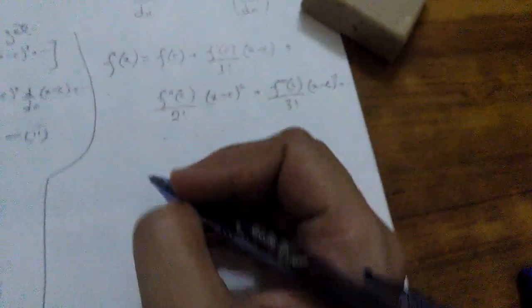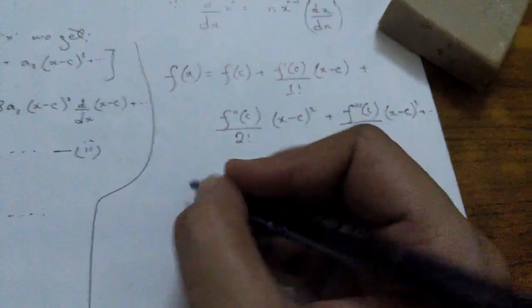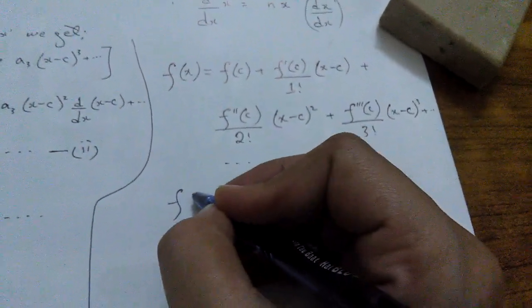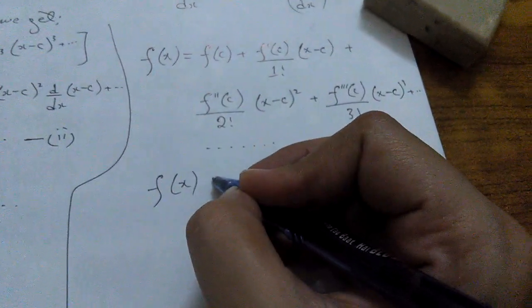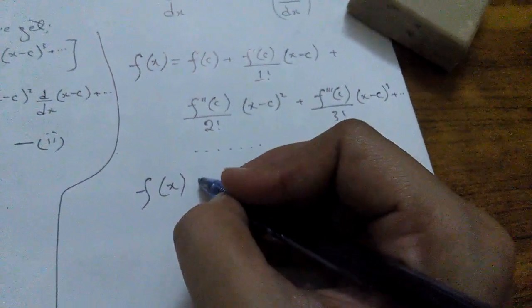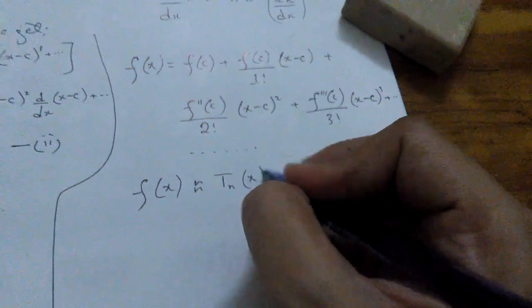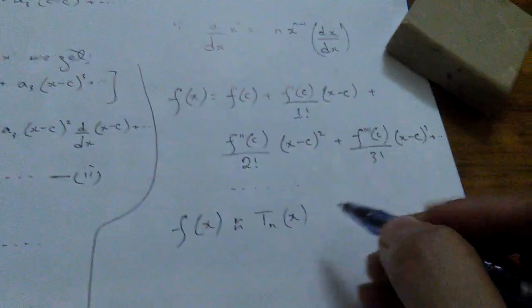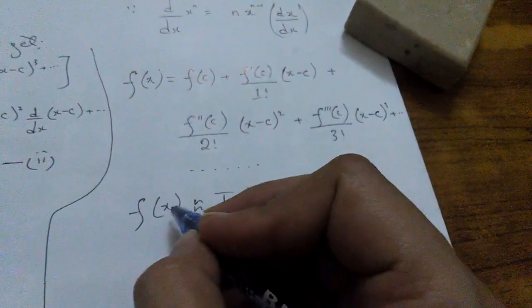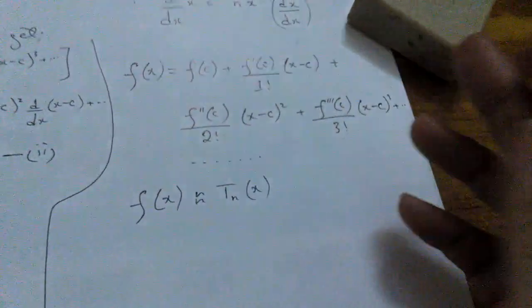Now there comes a concept that if you are having a certain function f of x and it is approximated by a certain Taylor series, which is this, obtained through the power series, then it means these two are approximately equal. They're not exactly equal.